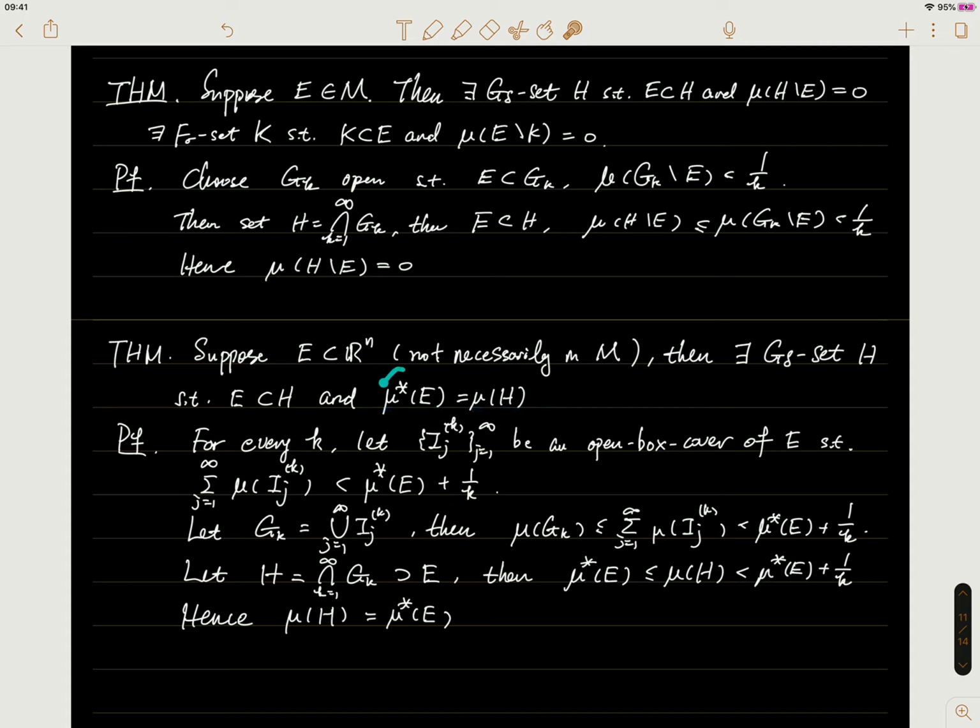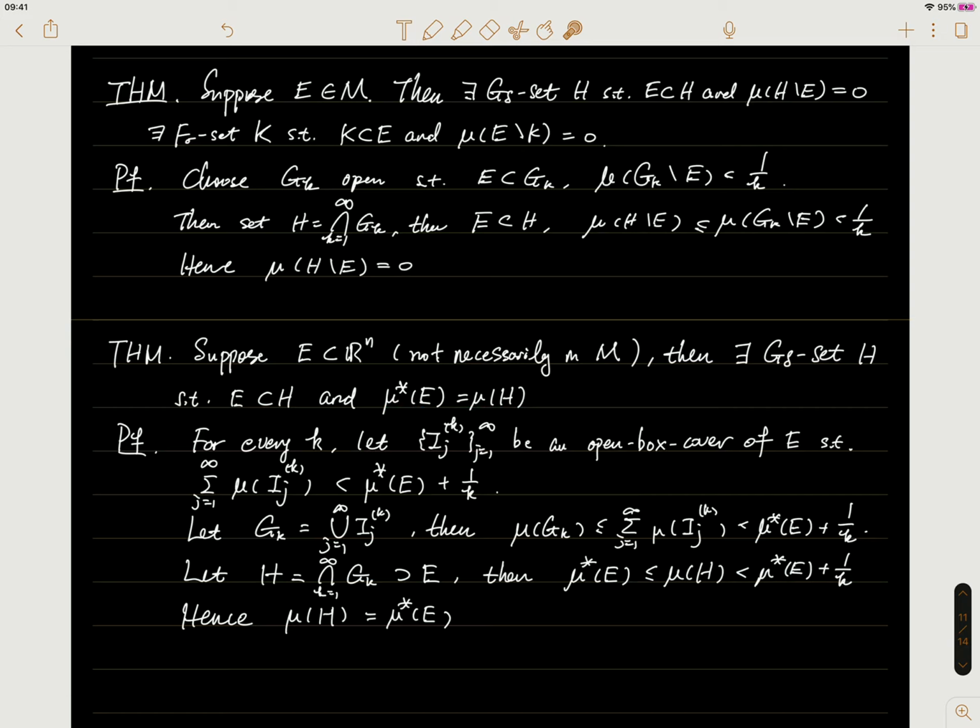Here we only have outer measure because E is not necessarily measurable, and the difference between this one and this one is this. For the measurable case, the difference between these two is equal to 0. Here we can only get this.